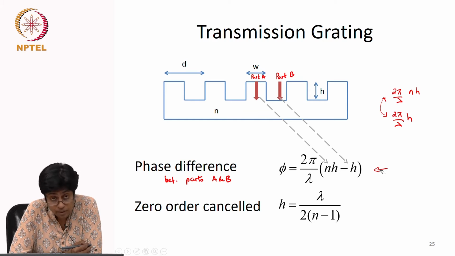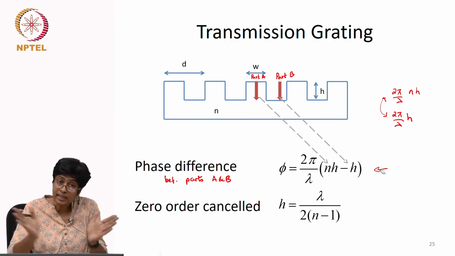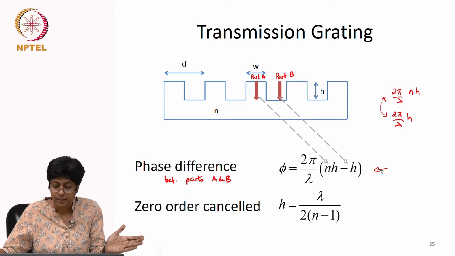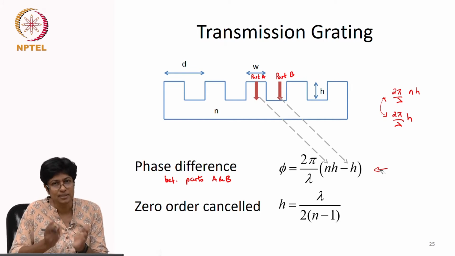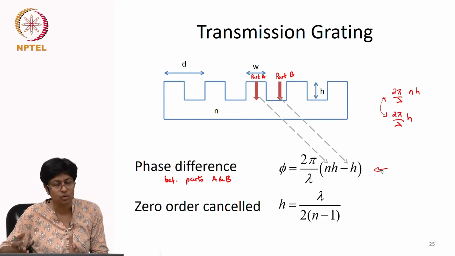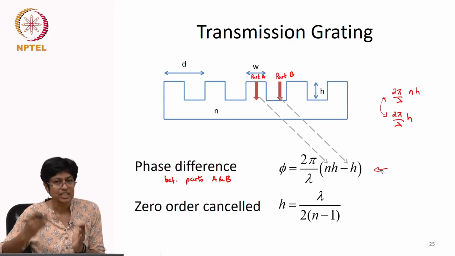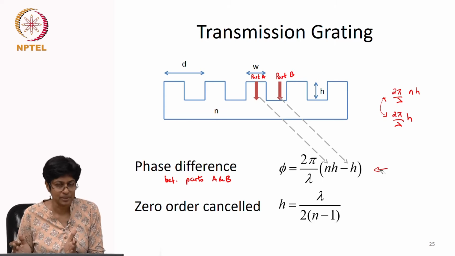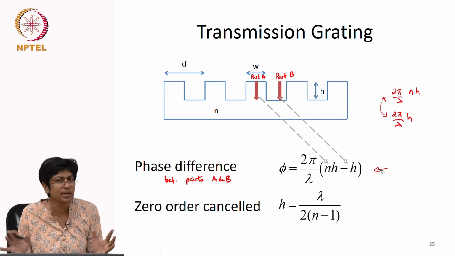Now I want light to go only into the orders. Now you can imagine, what did I say the 0th order was? The 0th order is the direction light would take if this was a refractive optical element. So I don't want to use that direction. If I wanted that direction, I wouldn't choose a diffractive element.